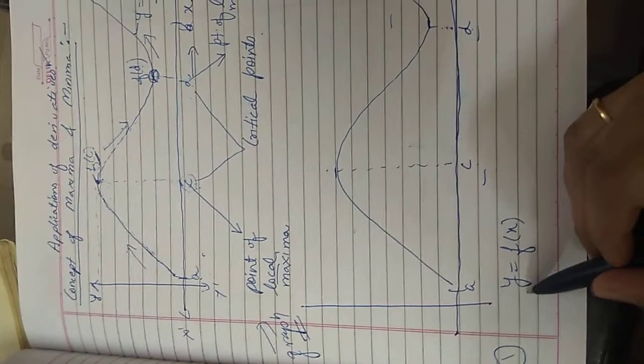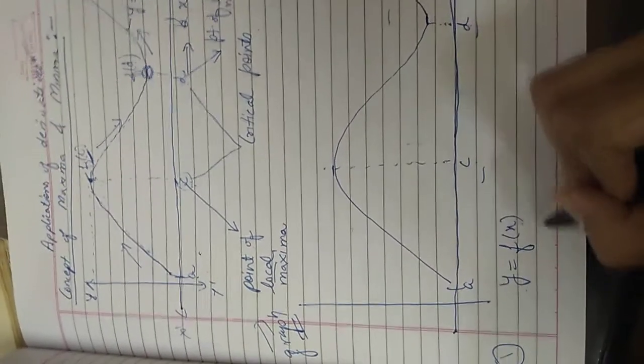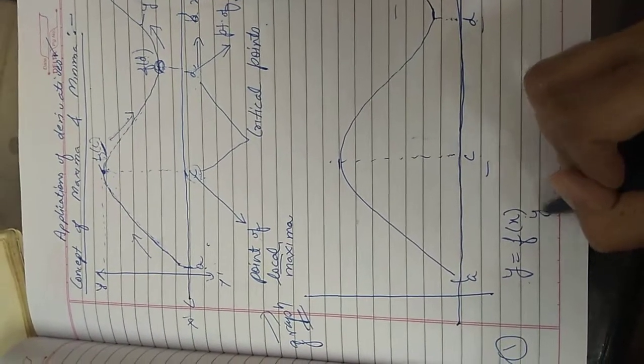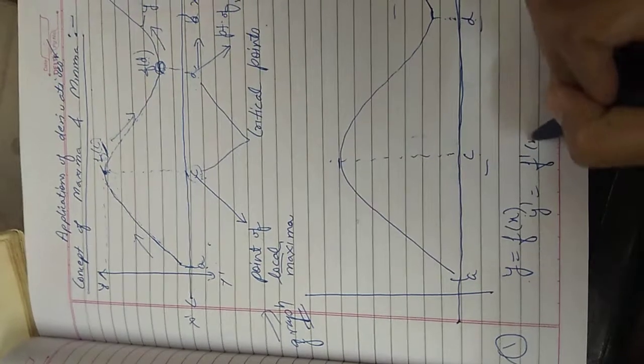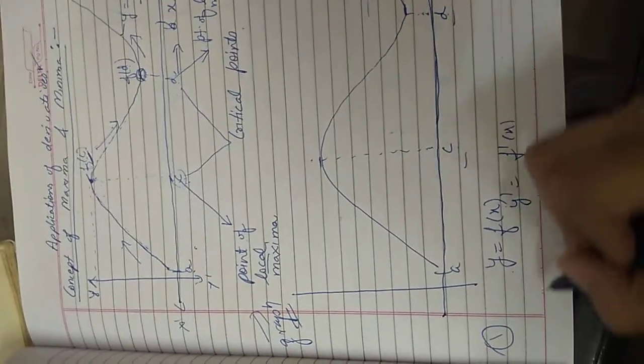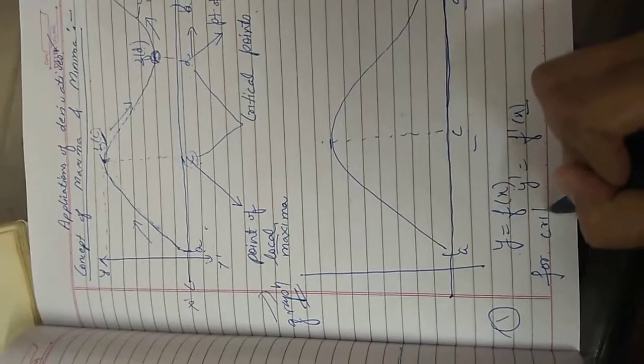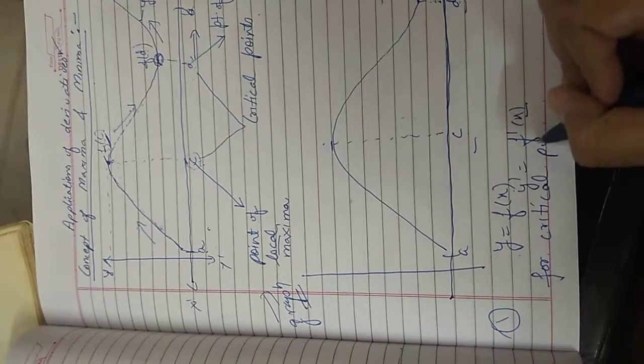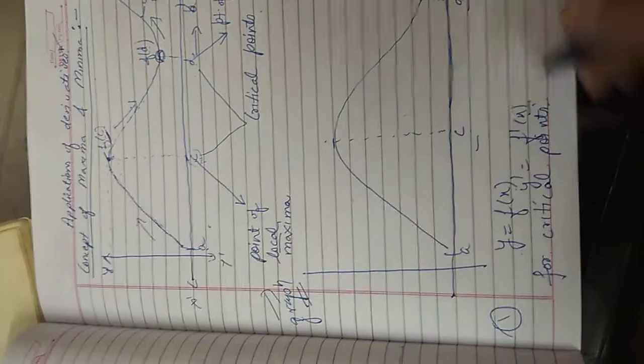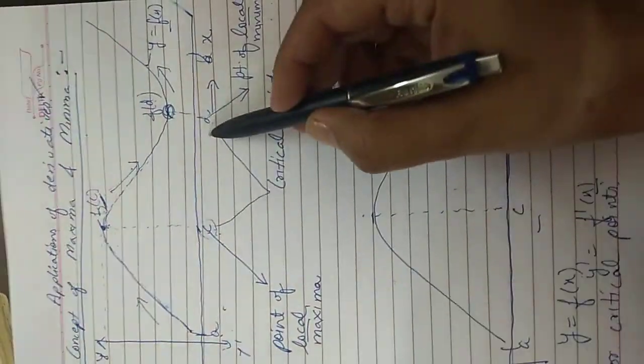So first we will take the function, right? The next step will be to find the derivative f dash x, and after finding the derivative we will write down how we get the critical points. If you notice, I mentioned that these C and D points are called critical points, right?